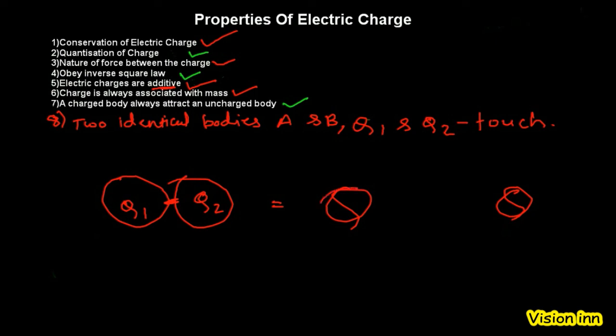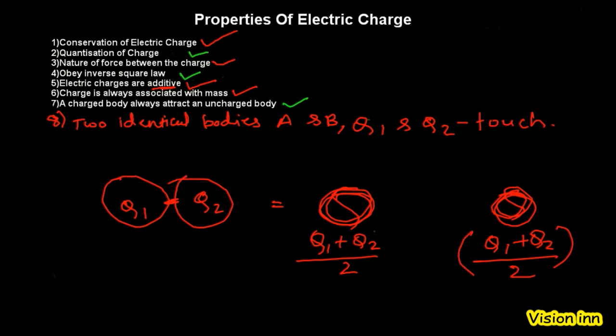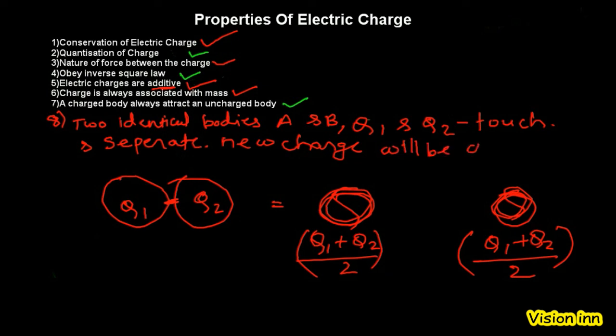The charge on this body will be (Q1 plus Q2) upon 2. Similarly, the charge on the other body will be (Q1 plus Q2) upon 2. So they are basically made to touch and separate, and the new charge will be (Q1 plus Q2) upon 2.